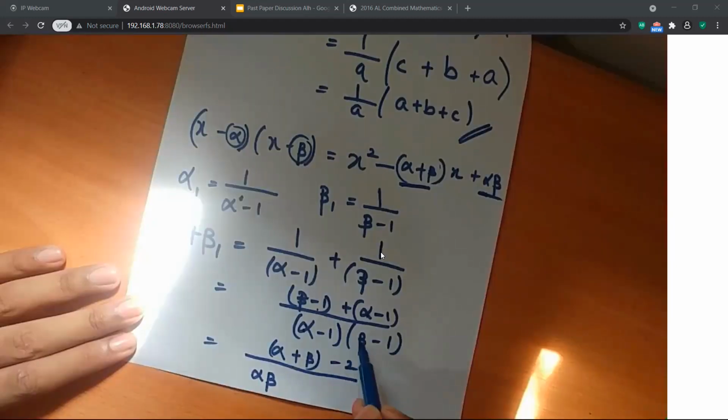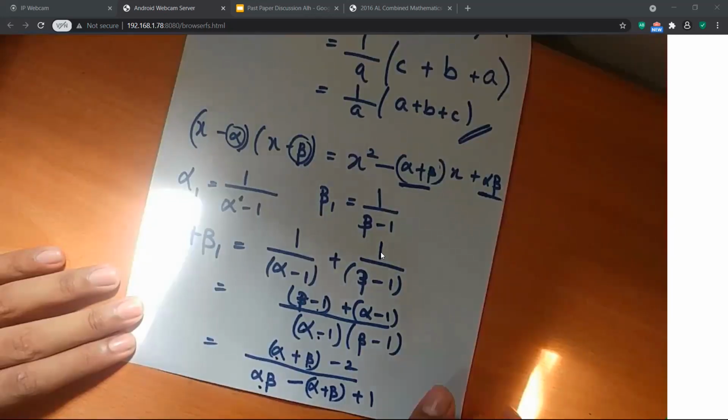Beta times minus 1 is minus beta. If you take minus out, you get alpha plus beta. So we are trying to write this in terms of alpha plus beta and alpha beta, because that's what we need, right? Minus into minus is plus 1. So we can then substitute what we need. Alpha plus beta is minus b over a, alpha beta is c over a. So let's do that.